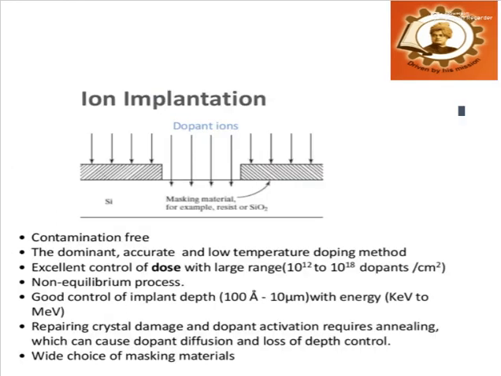Next is our ion implantation method. Its advantages are that it is contamination free, accurate, a low temperature doping method, with excellent control of dose over a large range, a non-equilibrium process, and good control of implant depth with energy from kilo electron volt to mega electron volt.